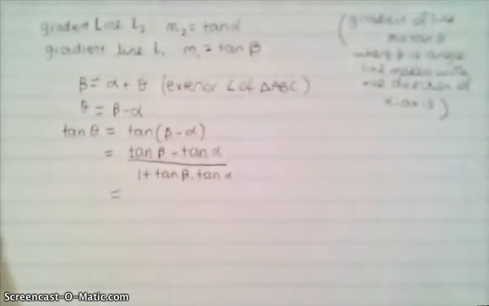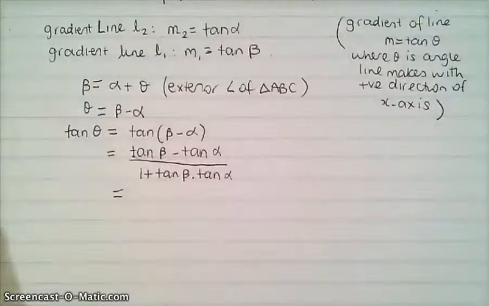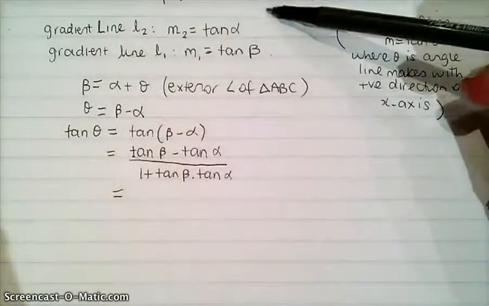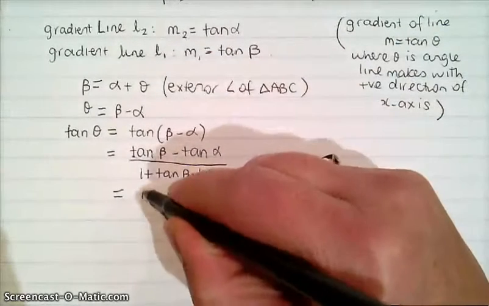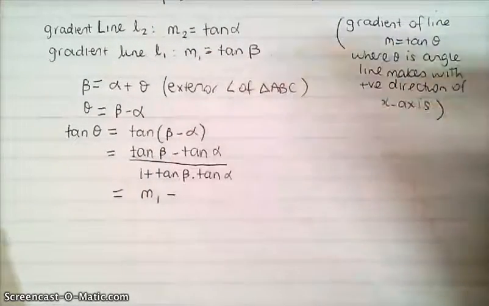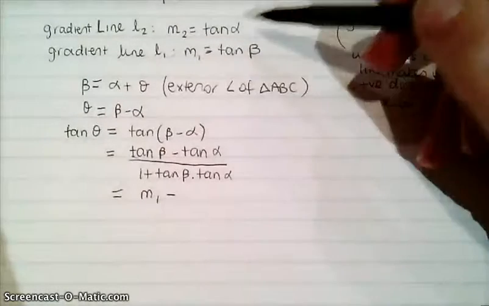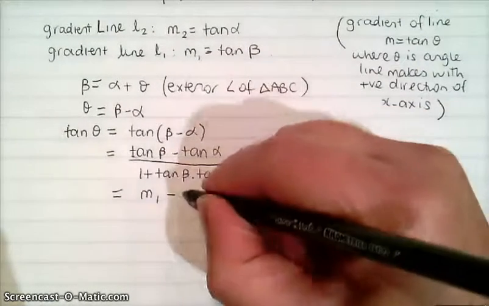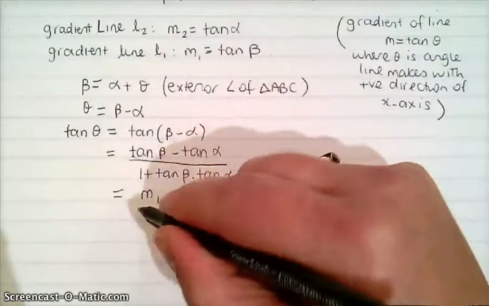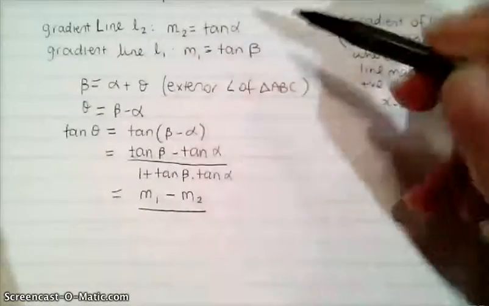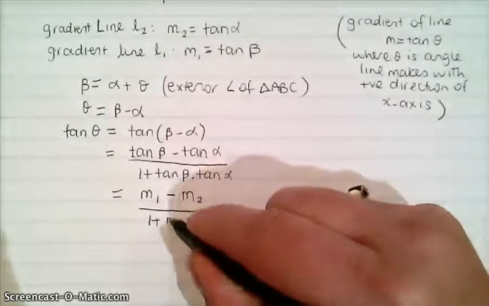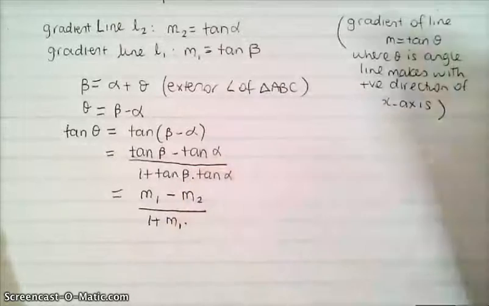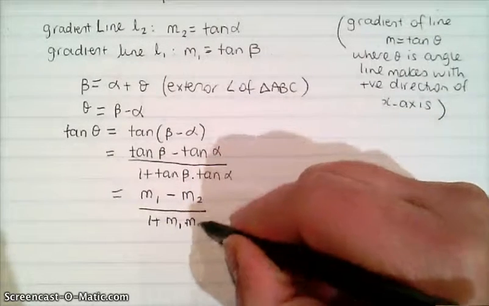Now going back to our definition of what tan beta and tan alpha are, we know that tan beta is m1 and tan alpha is m2, so we've got tan of theta is m1 minus m2 over 1 plus tan beta, again m1, times tan alpha, m2.